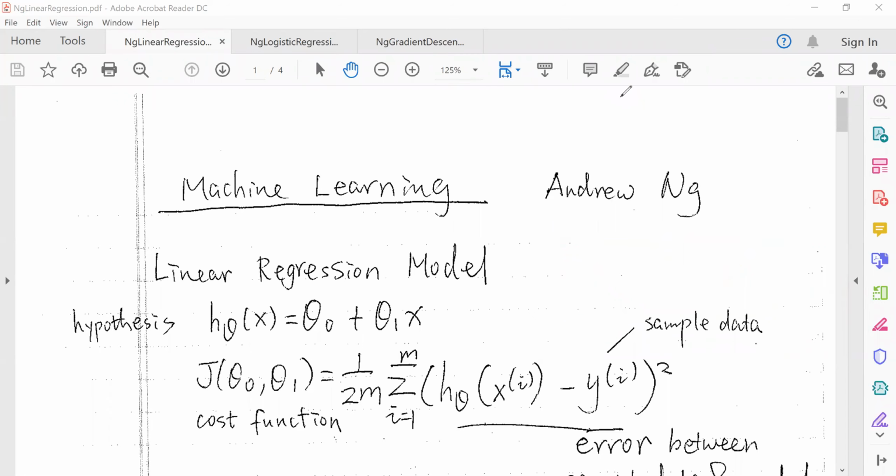And why we review that is because today we will start with a new learning algorithm. This time we call it the linear regression model, okay? Generally speaking, a regression model is not for discrete values, it's for continuous values.